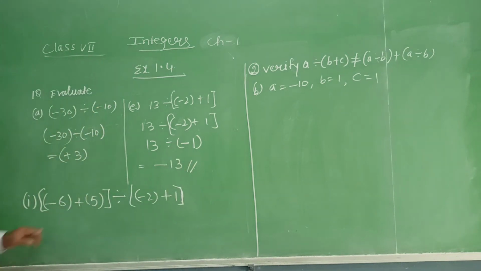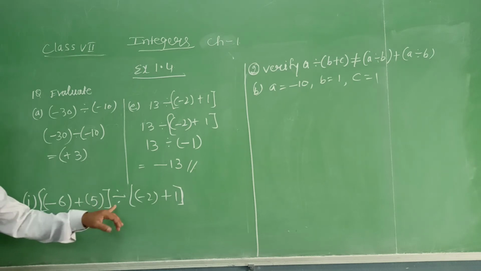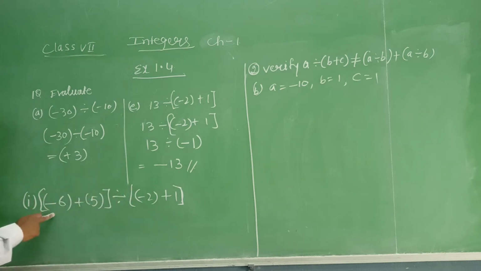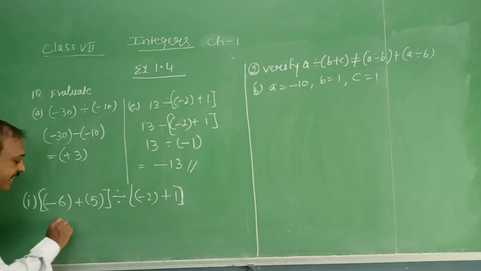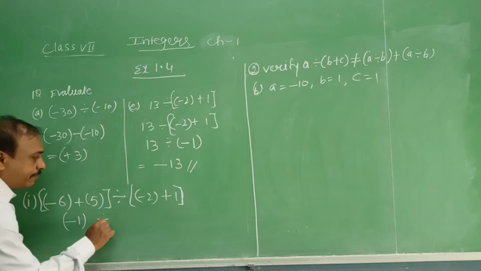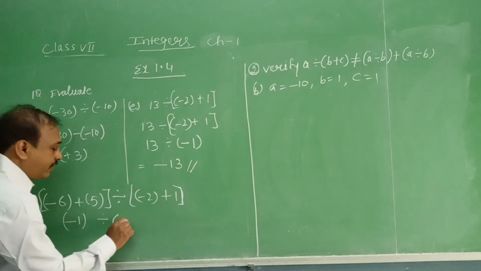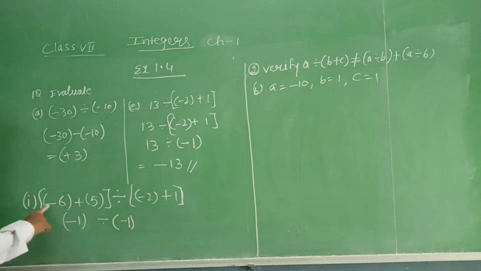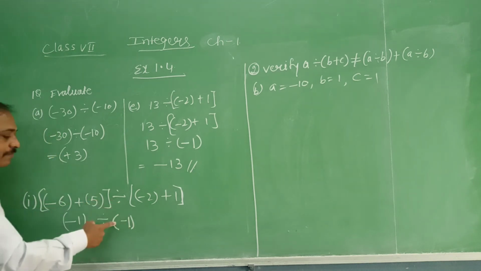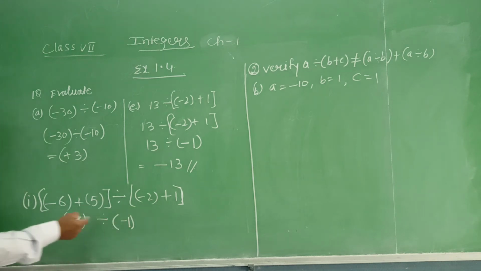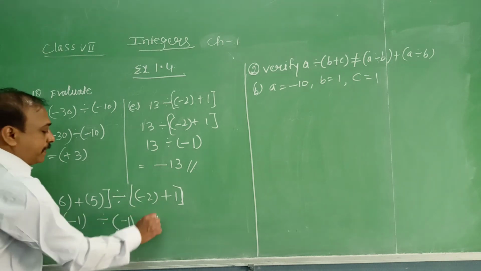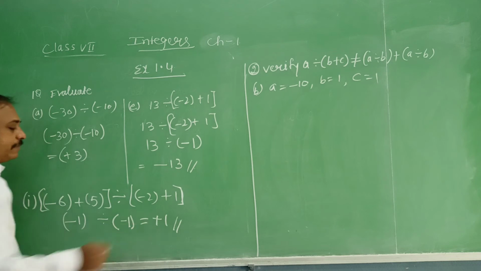Observe this one: minus 6 plus 5 divided by minus 2 plus 1. These two, minus 6 plus 5, will give minus 1, and minus 2 plus 1 will give minus 1. This is minus 1 divided by minus 1, so you get plus 1 as the quotient.